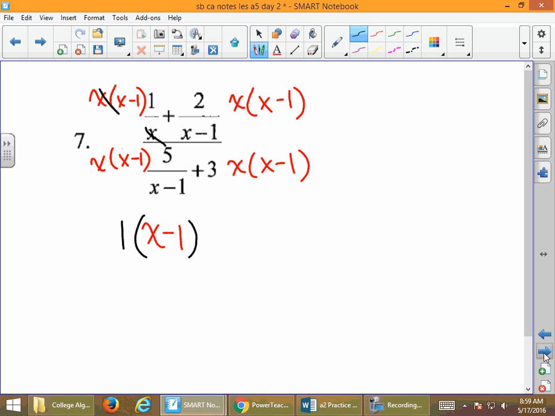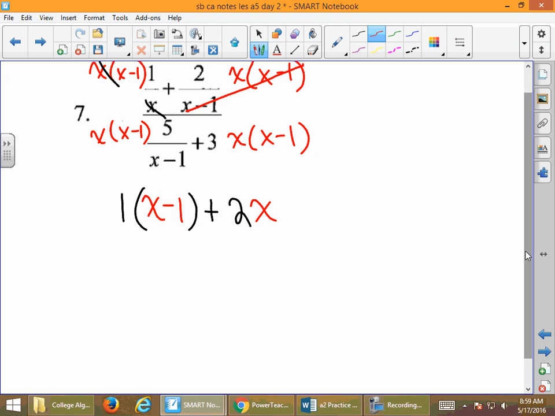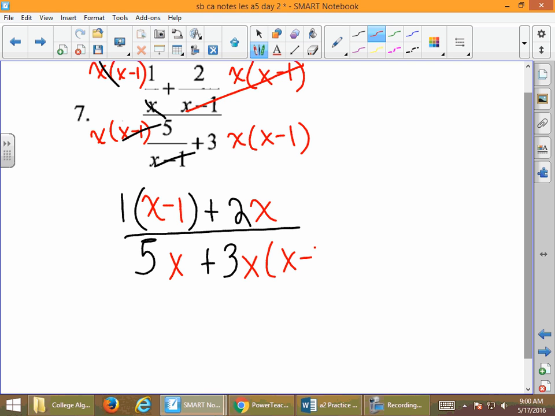In our next term, it's plus 2, but our x minus 1's cancel out, so it's 2x. In our denominator, x minus 1 cancels out, and we're left with 5x. And then it's plus 3x times x minus 1. Nothing cancels out there.